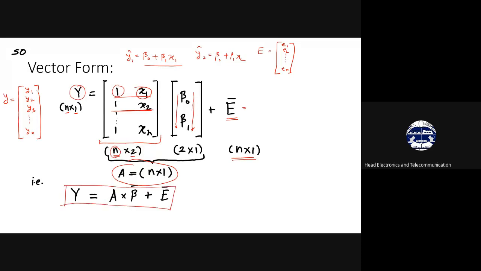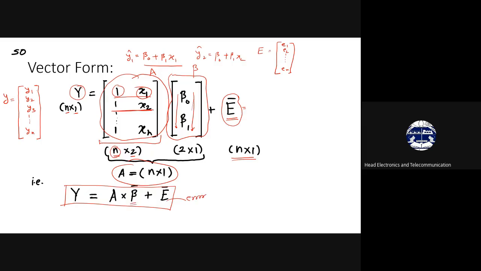So y, all the y's collected and placed in one column, is equal to this matrix A multiplied by this beta vector, added with the error vector.